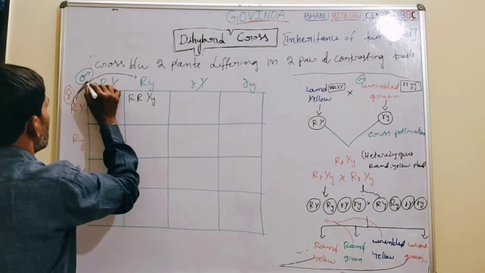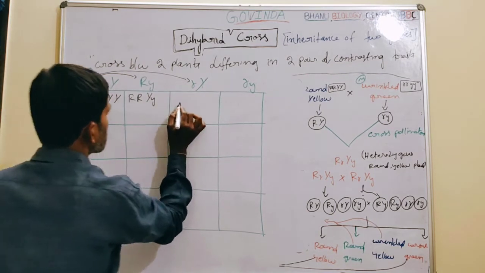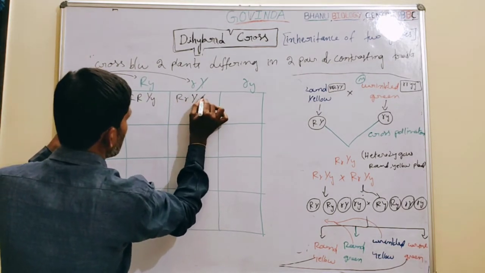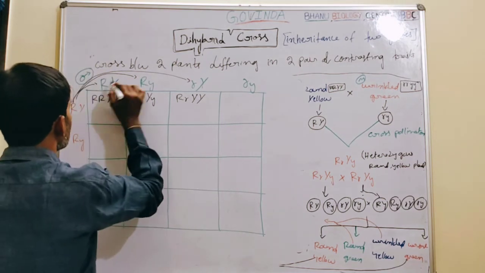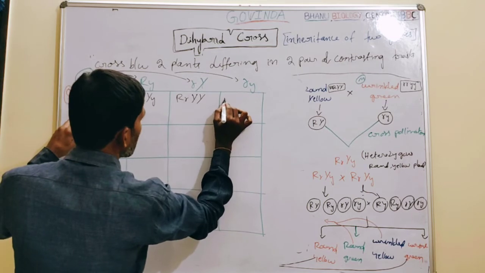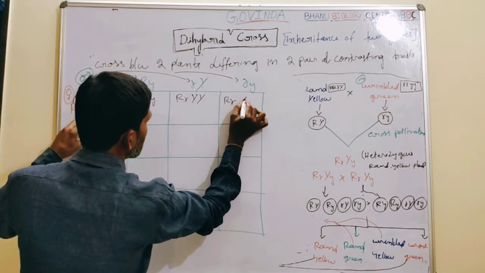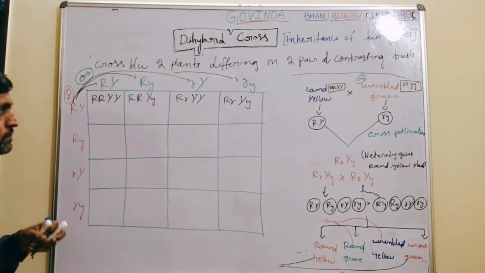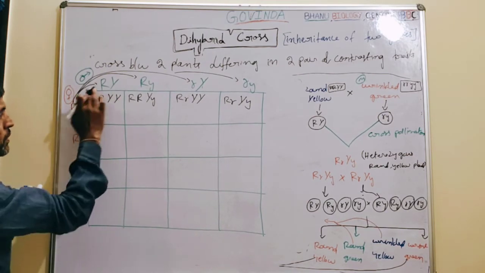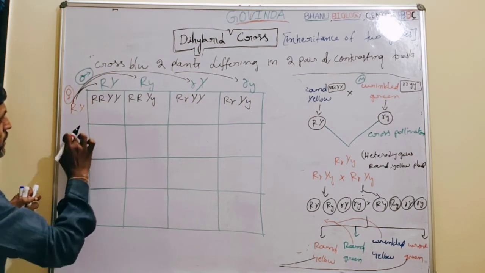Then do the same crossing with this gamete also. The capital R, small r, capital Y, capital Y. Then again with this gamete, the capital R, small r, capital Y, small y. Then follow the same process for these crossings.